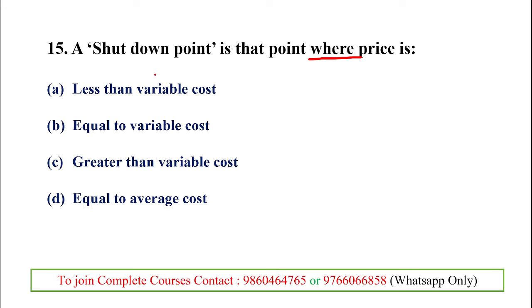So at the shutdown point, what will happen to the average variable cost? The earlier question will help, because the shutdown point is related to it. This will make it very simple to answer whether it is less than, equal, or greater than.